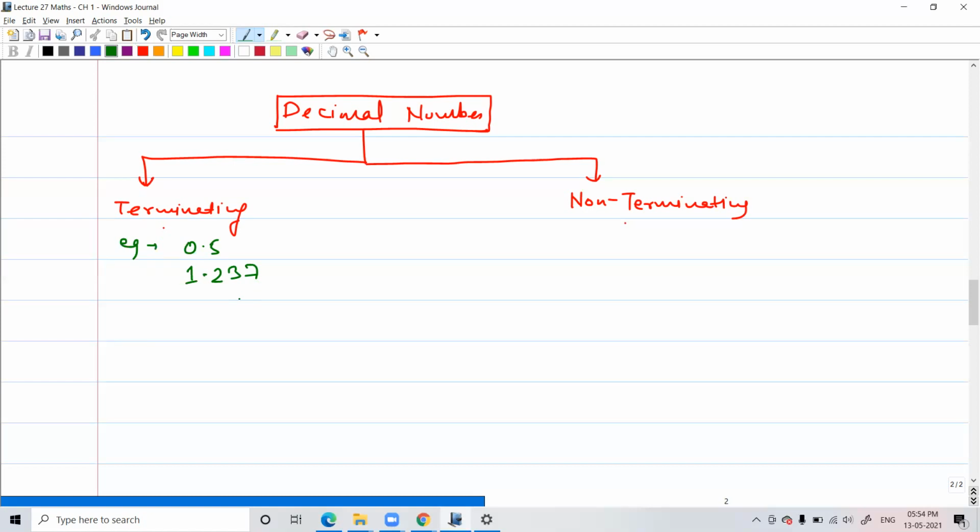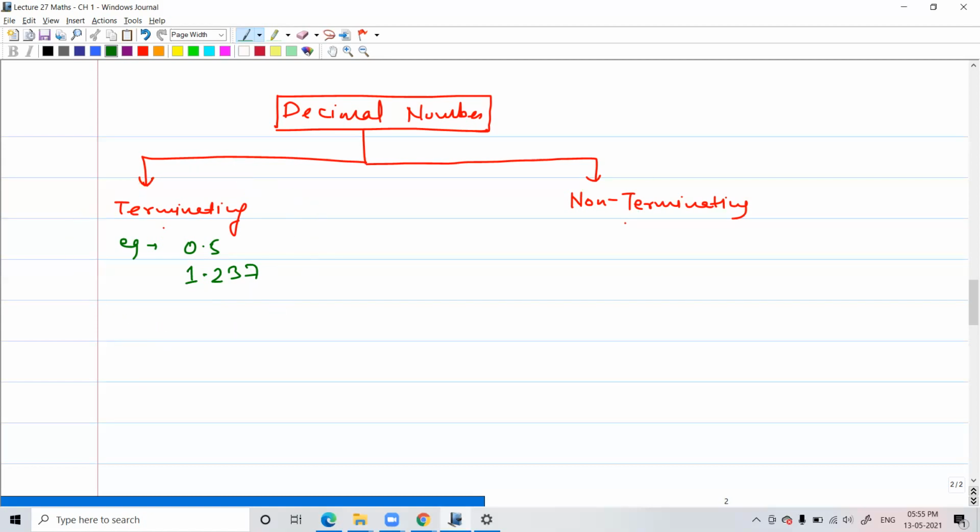So this is a terminating decimal again, right? So everybody understands the idea of a terminating decimal. It means that the decimal digits will stop after a certain number of digits. It can be after 1 digit or 3 digits, or it can even be after 40 digits. It doesn't matter how many digits, but it should stop after that. So that is what a terminating decimal is.